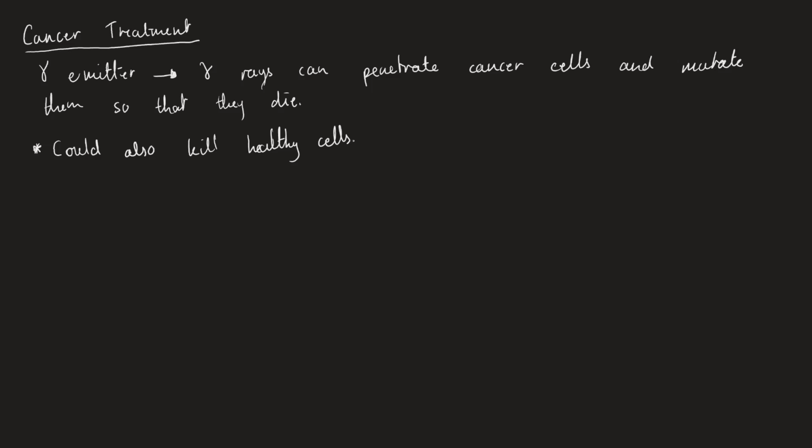We ideally want something with a high enough activity so that it produces enough gamma rays that it will kill a significant amount of cancer cells. But we don't want to produce too many gamma rays so that it will then begin to just spread into more healthy cells. Obviously, the more gamma rays we fire at a person's body, the higher the chances that they're going to attack a healthy cell.